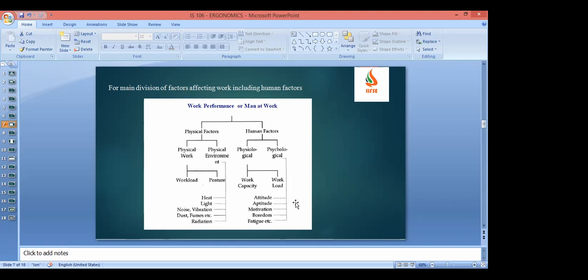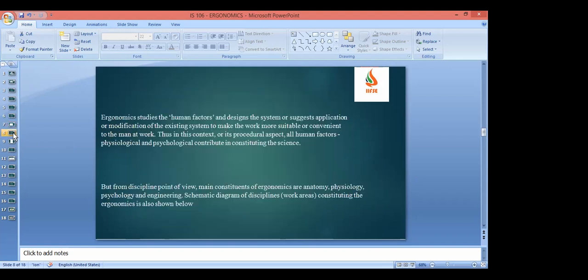Fatigue in the sense that due to the excess workload, he may feel fatigue. All this will be considered while designing a machine, a tool, or any equipment.